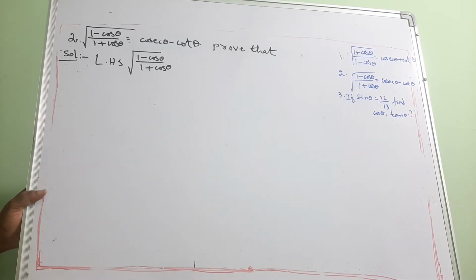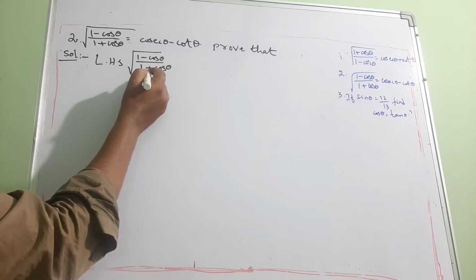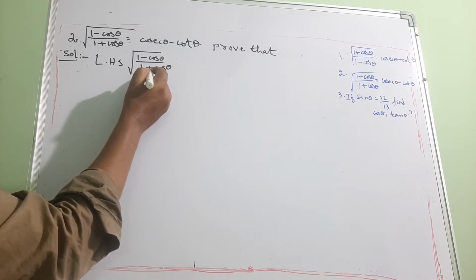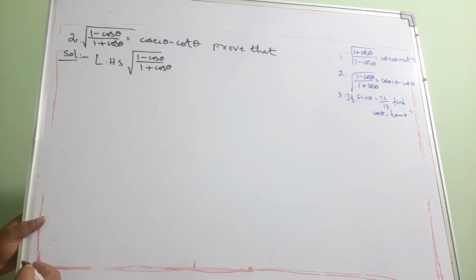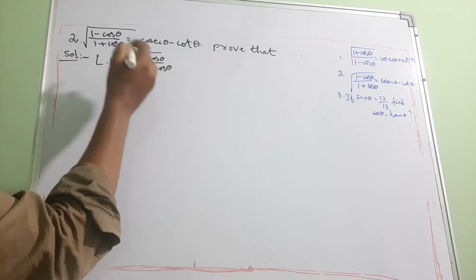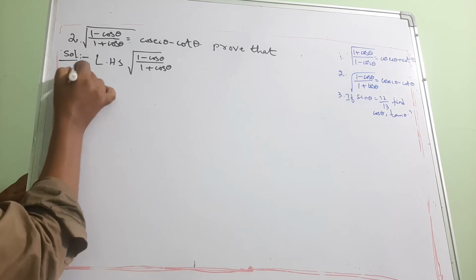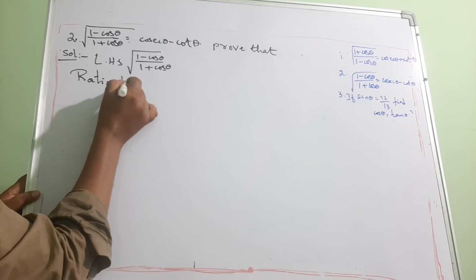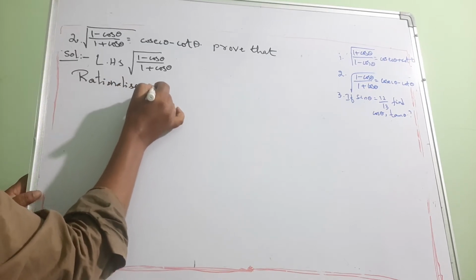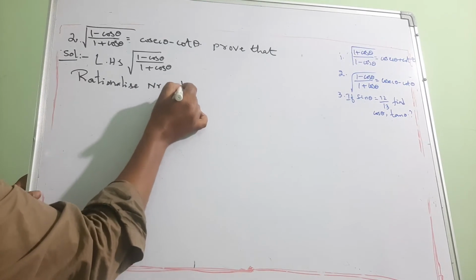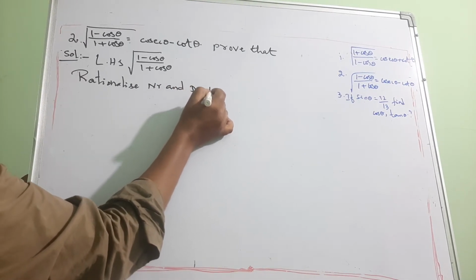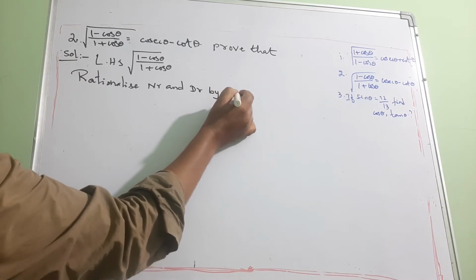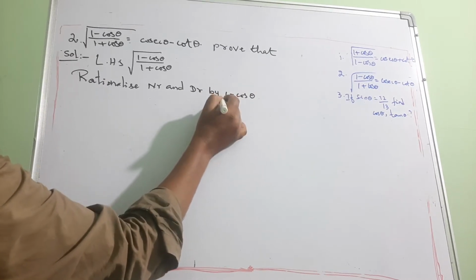Now, same as the previous one, we have to follow the same method. Here the denominator has plus, so we change the sign to minus, the terms are the same: 1 and cos theta, only the sign is changed. So we have to rationalize the numerator and denominator by 1 minus cos theta, under root.